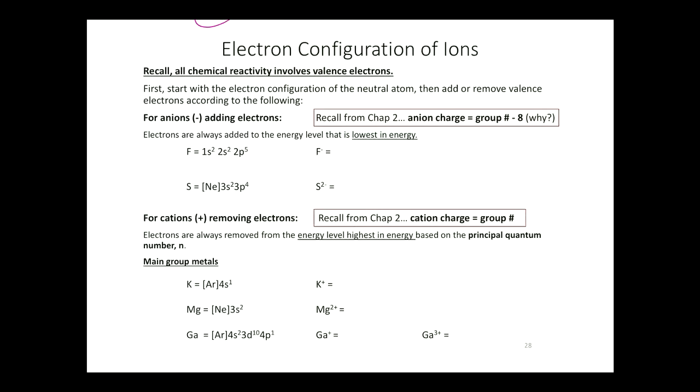And I think it recaps from chapter 2, where I told you that you could predict the charge of nonmetals by group number: group number minus 8 is the charge. So fluorine as an ion, fluoride, is always -1.